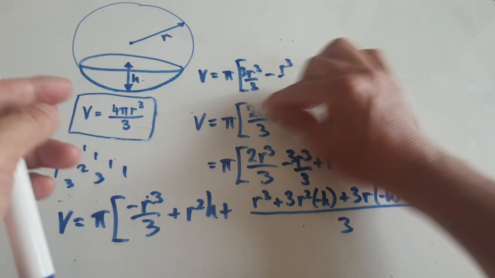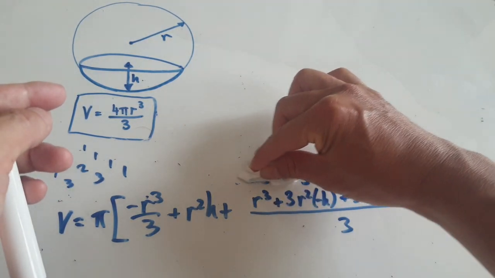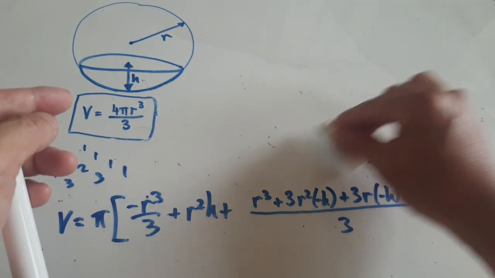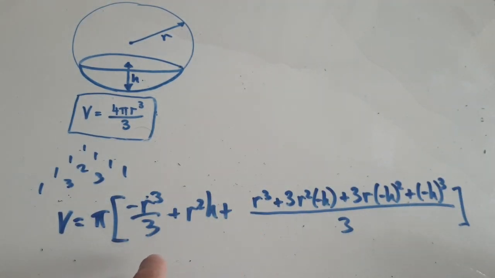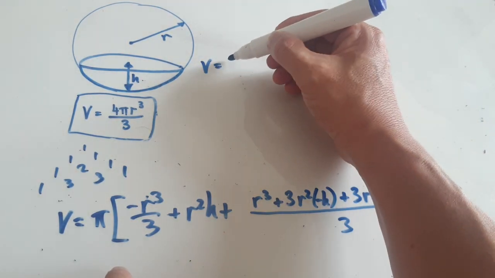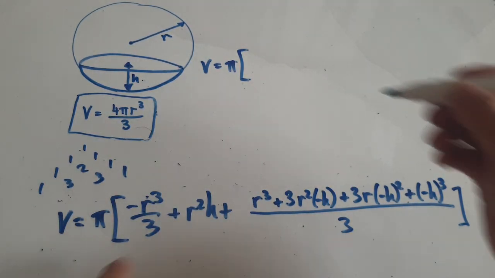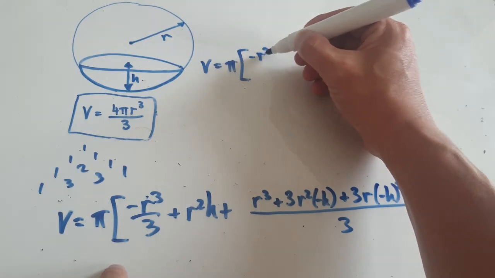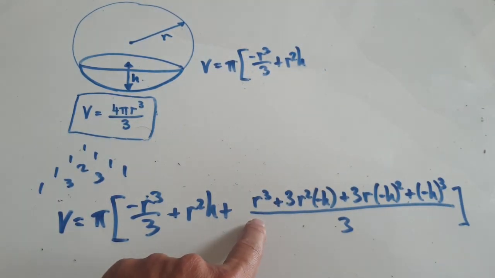So that will be V equals pi, and then this thing here. Let's just tidy this thing up for the time being. So r cubed over 3 plus r squared h. Let's just clean this thing up.